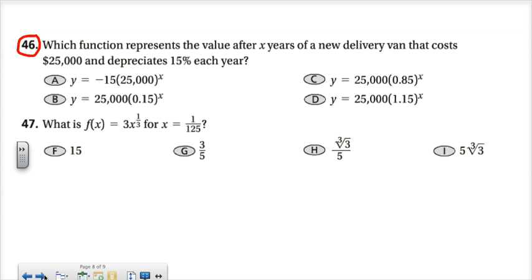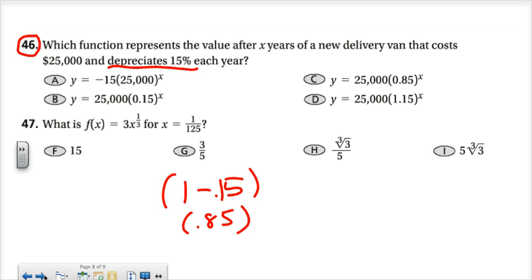46, which function represents the value after x years of a new delivery van that costs $25,000 but depreciates at a rate of 15% each year? So we take our 100% and we have to subtract that 0.15, 15% as a decimal. So we're going to see a b value of 0.85, and there's only one of them up here that has a b value of 0.85.